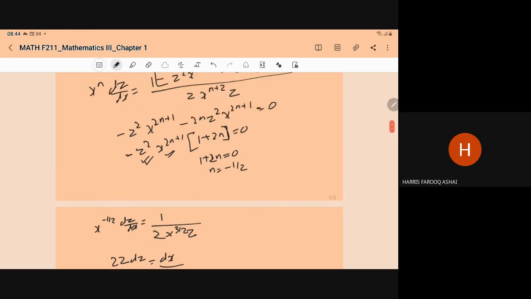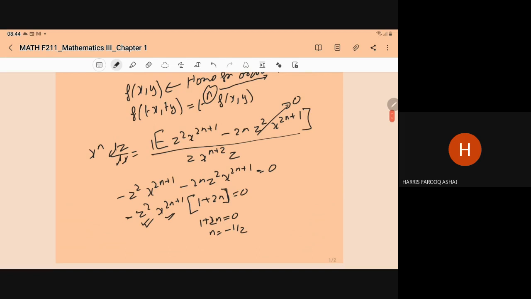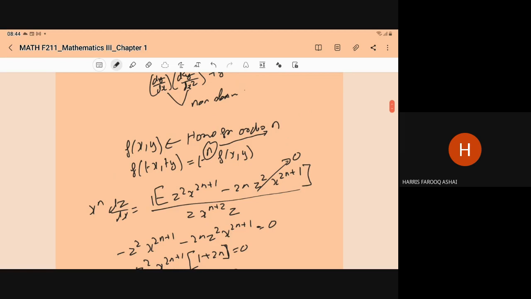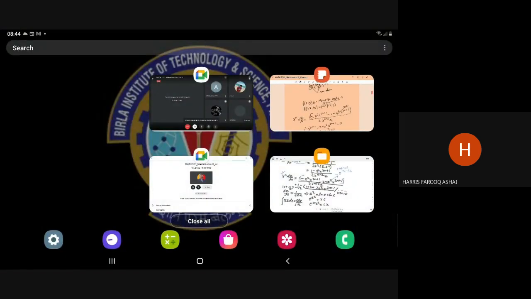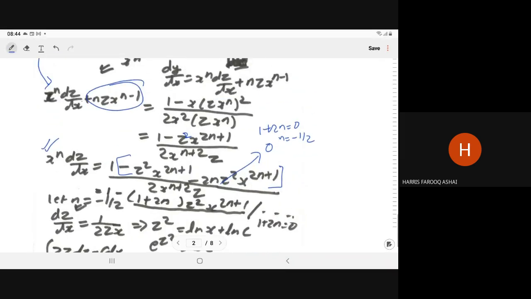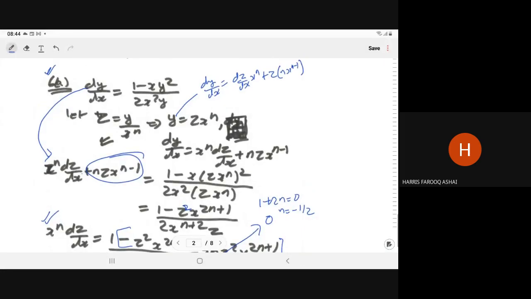Whatever the problematic term for separating, that part we are assuming as z, and that gives the proper substitution. Here we have taken the substitution z is equal to y upon x to power n, so now we can say z is equal to root x into y. If you take this substitution, it will change the differential equation into a separation of the variable.